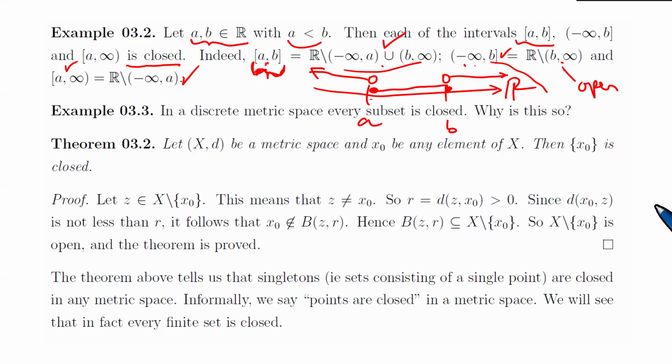What characterization do we use for open sets? How do we determine if a set is open? We say that a set is open if every element is an interior point. Yes, if every element of that particular set is an interior point, then the set is open. Well done. That is the characterization we use to determine if a set is open.